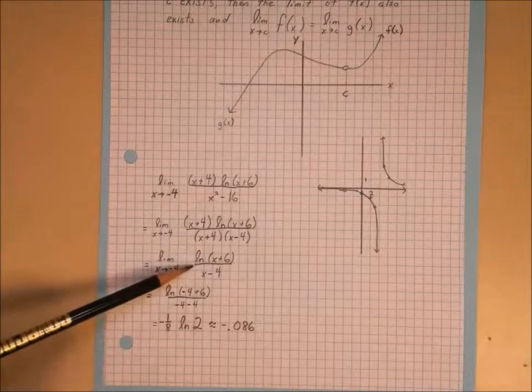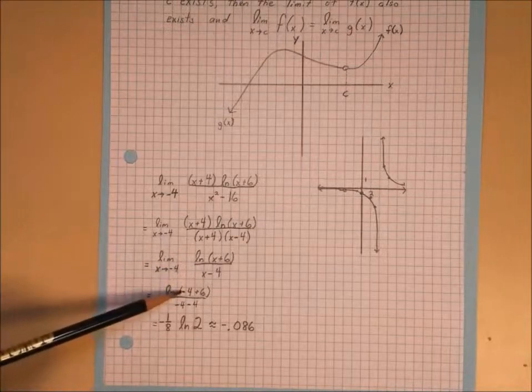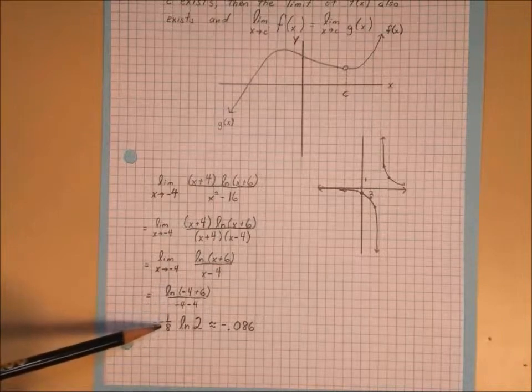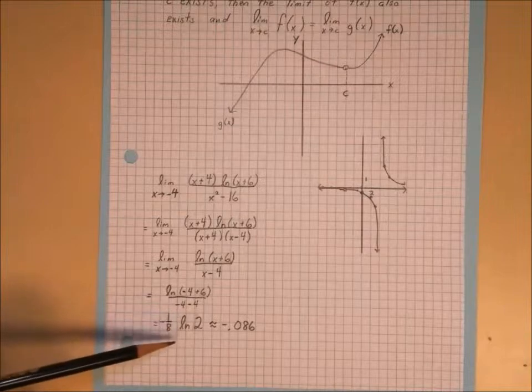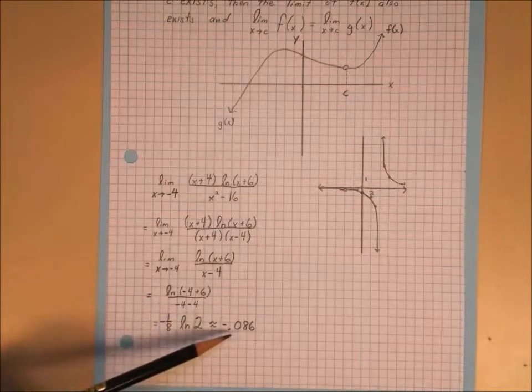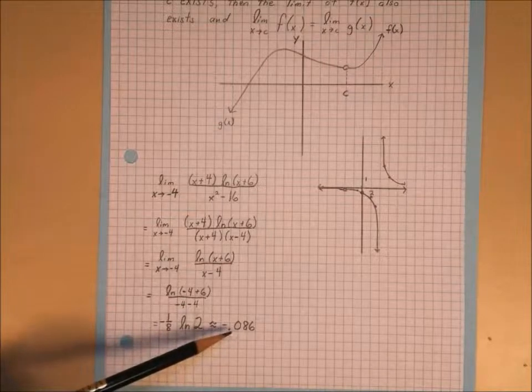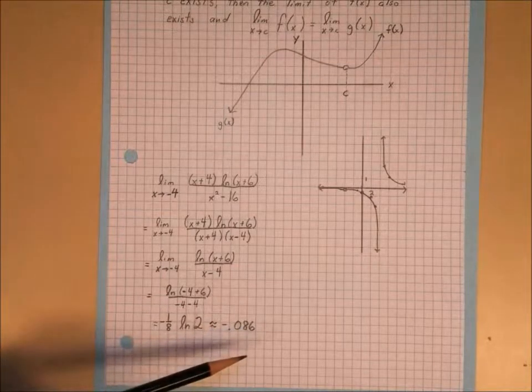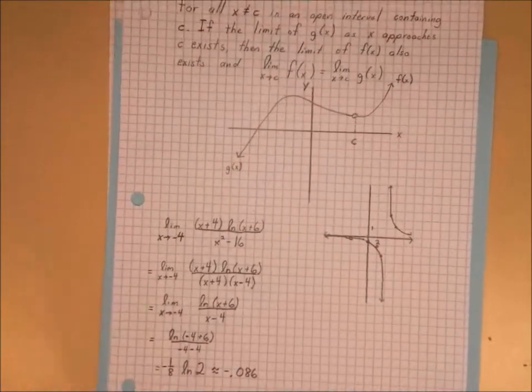So at this point, I use direct substitution by substituting in the -4, and I get -1/8 natural log of 2. Of course, you can call this negative natural log of 2 divided by 8. Do not take the 2 and 8 and simplify it out. This is just the decimal approximation. I do believe that this rounds to a 7, but remember by AP rules you can just truncate it, and you would have that. Okay.